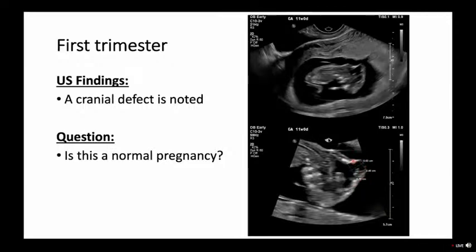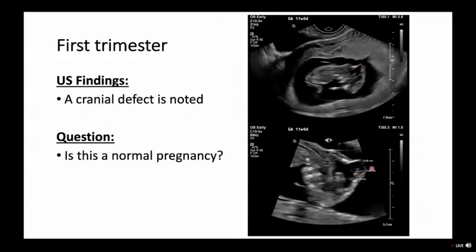So that's why ultrasound is so important, right? I mean, this patient came in thinking she has a normal pregnancy, and with the first picture you get transabdominally, you get a sense that the head's not normal. And then someone says ventriculomegaly.